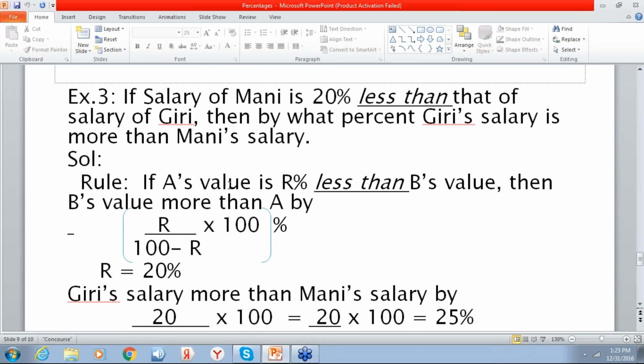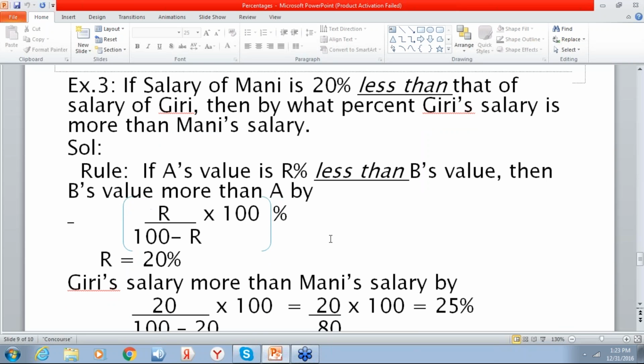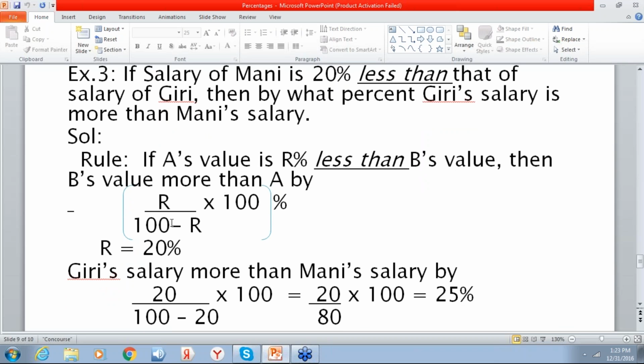Here, if A's value is R% less than B's value, then B's value is more than A's by R by 100 minus R into 100.